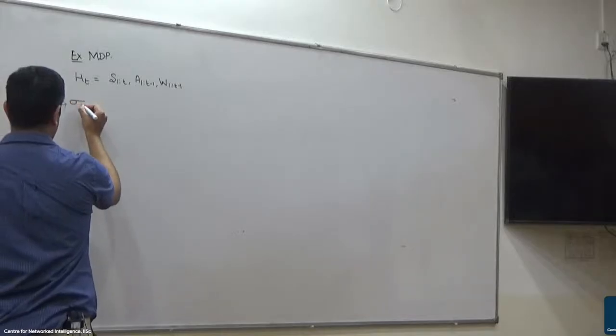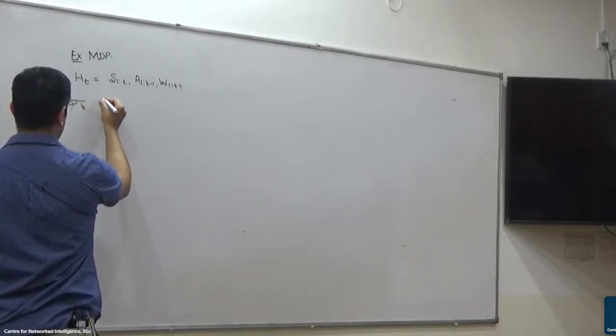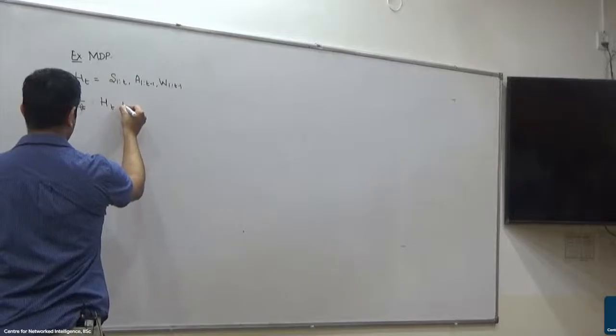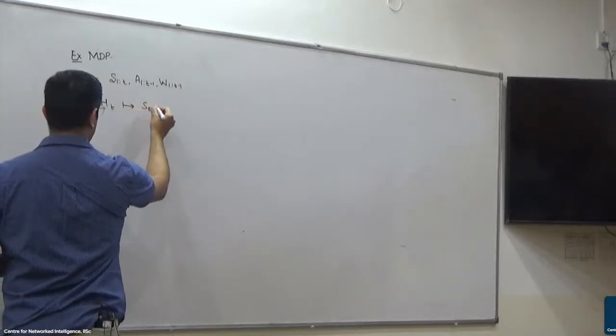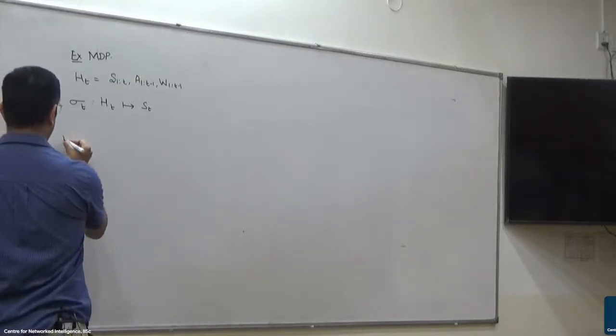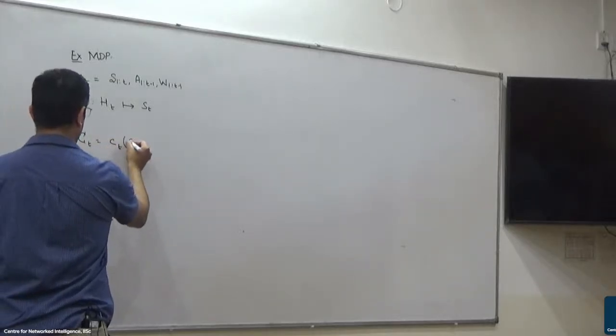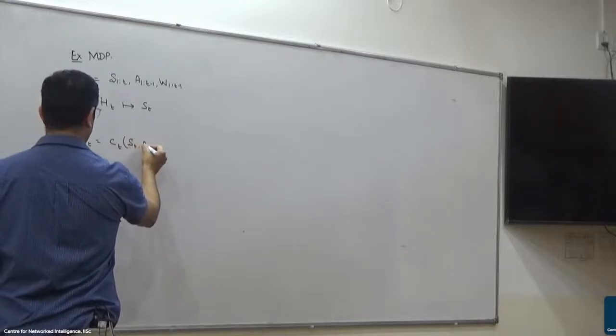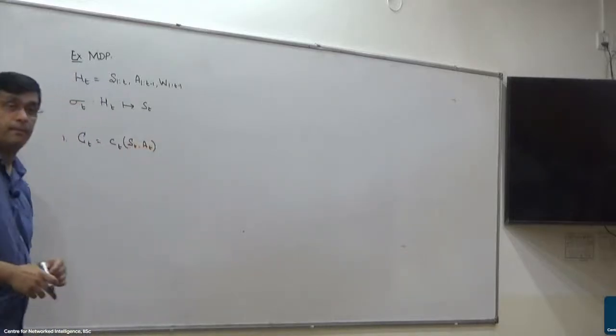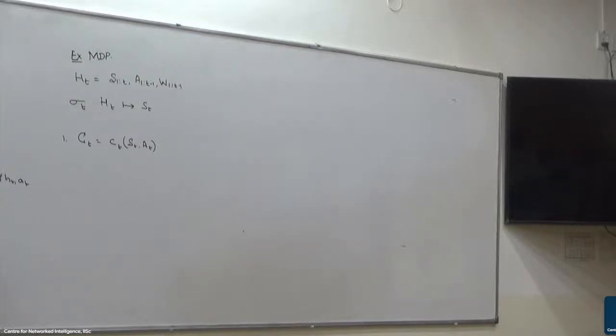Okay. Now, I can think of my history compression function as something which takes Ht and maps this just to the current state. My assumption in that case was that Ct was some function of the state at time t and the action at time t. Okay.